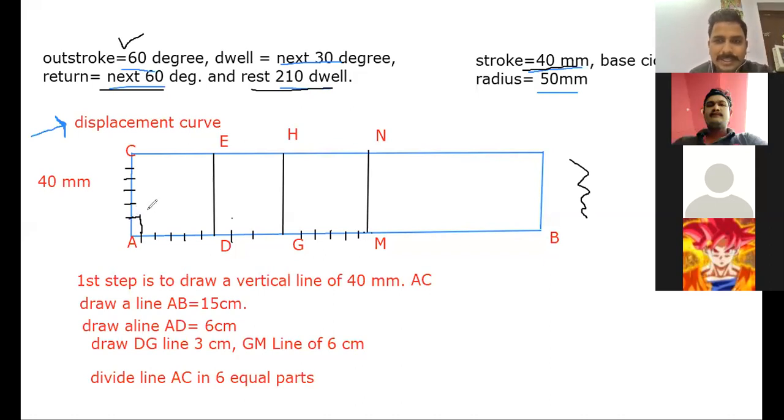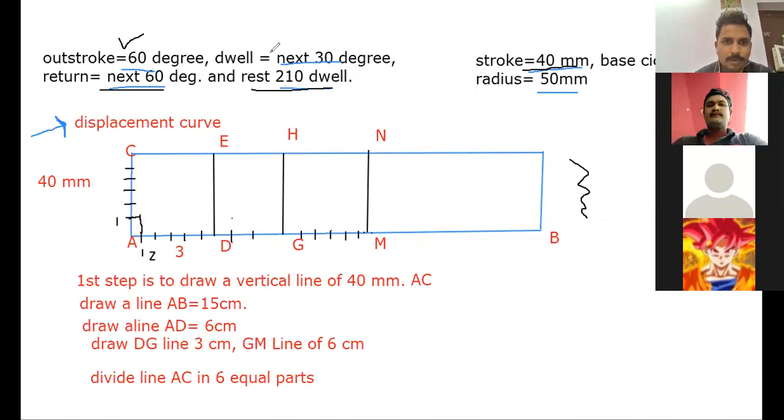Understood what I am doing? Please see on the screen. We have to just join this first point to this first point. Okay, I would just name the points here: 1, 2, 3, and so on we have to do, correct?